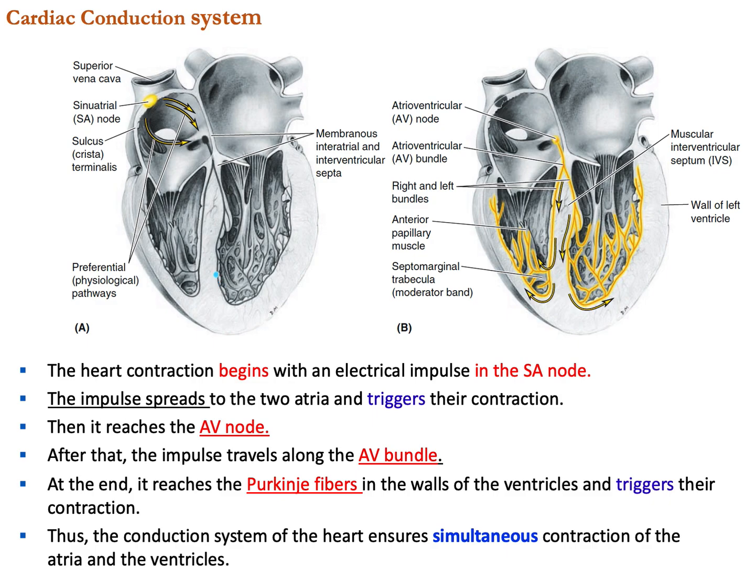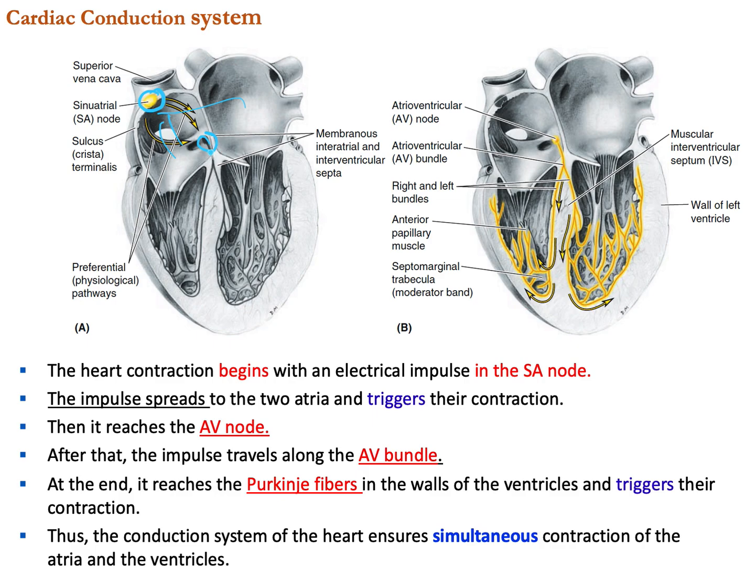So let me summarize it. The conduction system starts with the SA node, which begins the electrical impulses that spread, of course, to the two atria and trigger their contraction. Then it reaches the AV node.